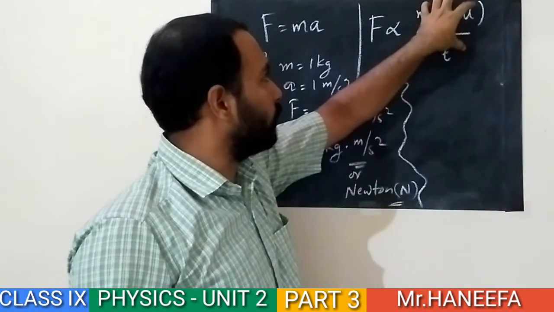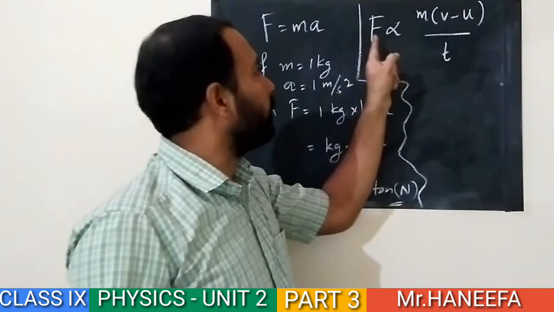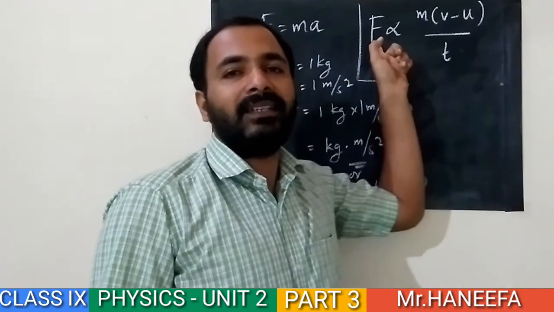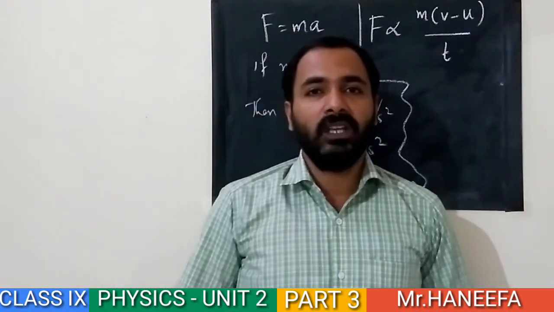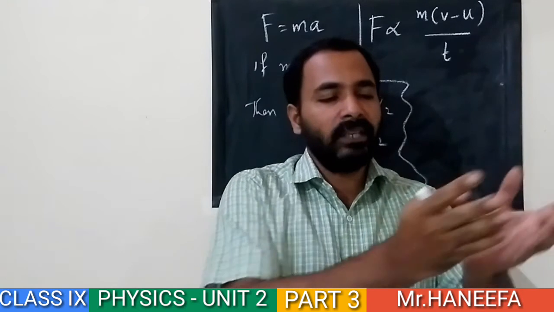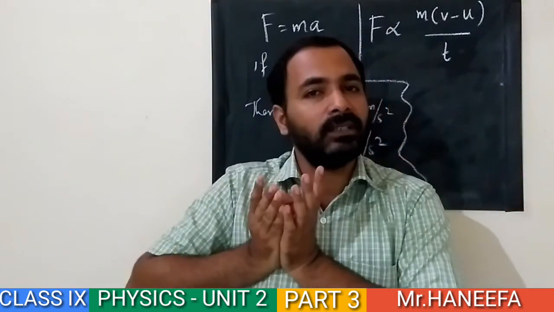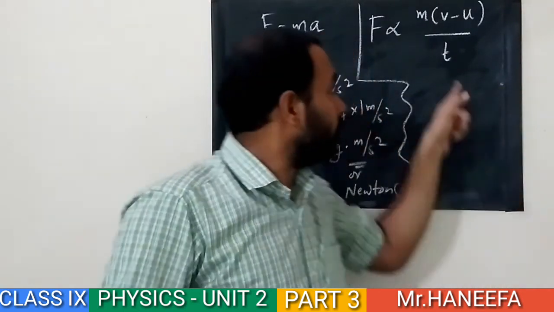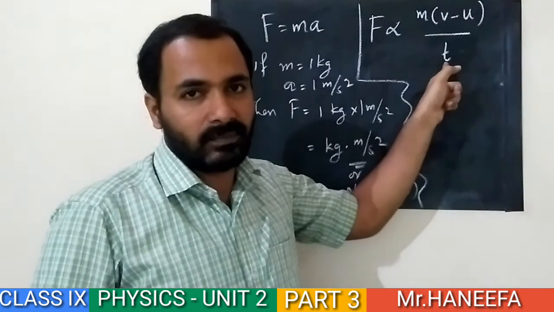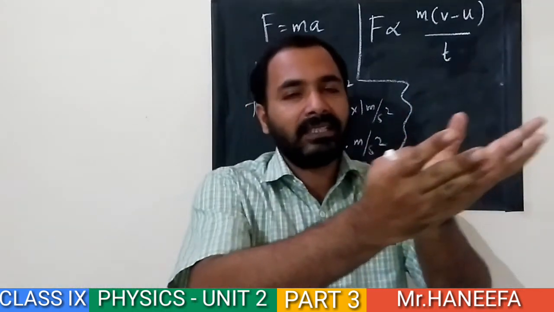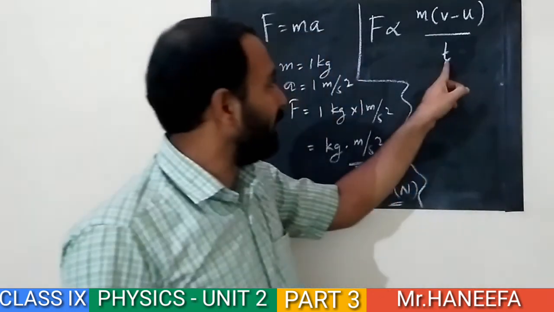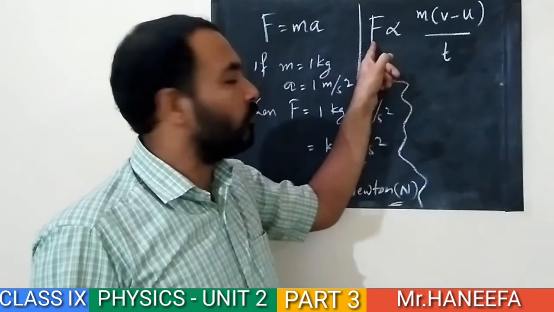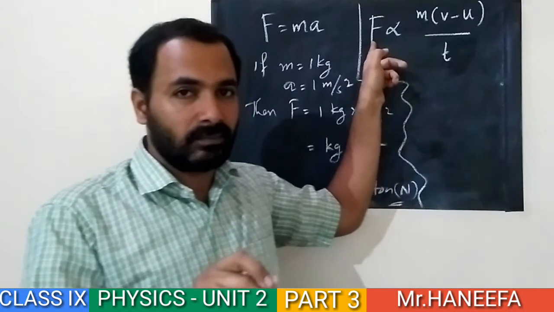The rate of change of momentum is directly proportional to the applied external force. So at the time of catching, we gradually move our hands backwards. That time, the stopping time increases. When time increases, force decreases.